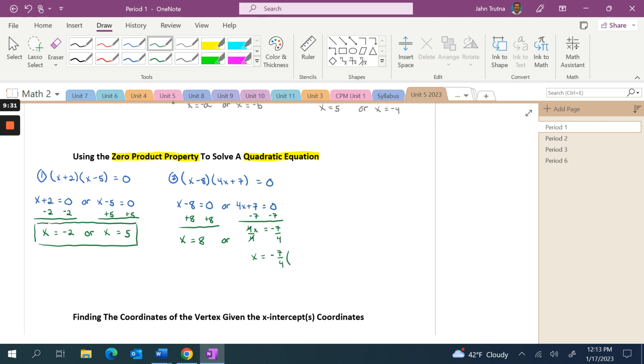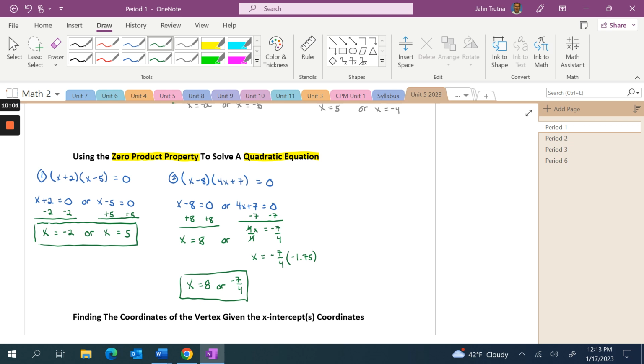Now if you wanted to leave that as a fraction, that's fine. Or if you wanted to divide it out and change it into a decimal, it would be negative 1.75. All right, so my solutions to this problem would be x is equal to 8 or negative 7/4. And that's how you could write your solution right there. Put the 8, put the word or, put the negative 7/4.